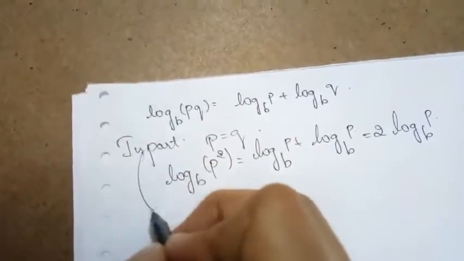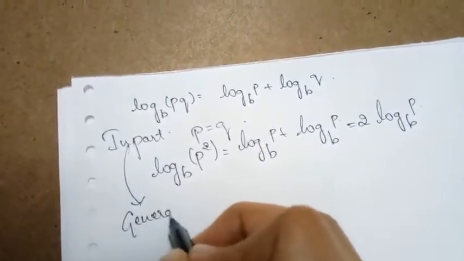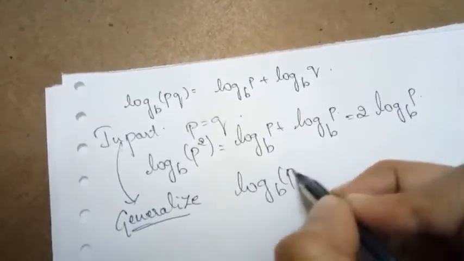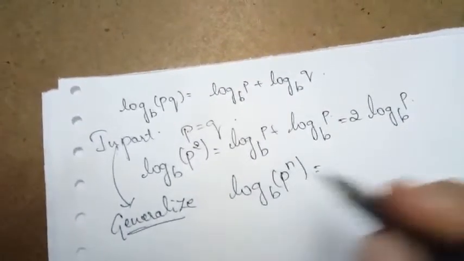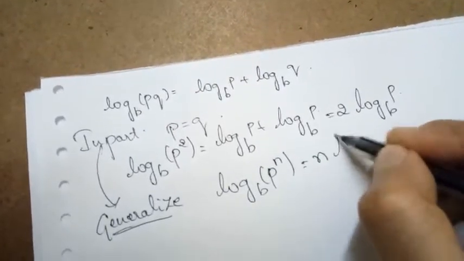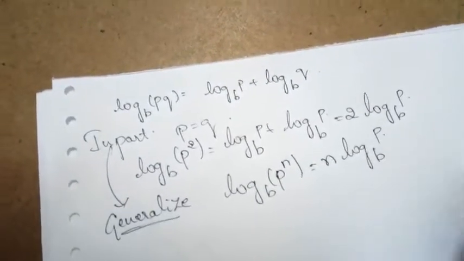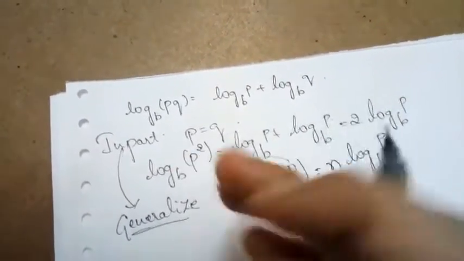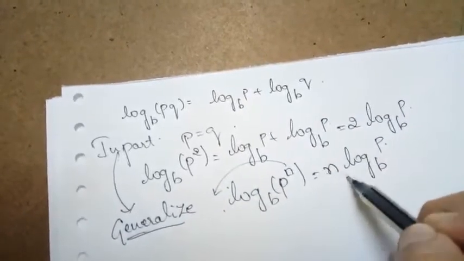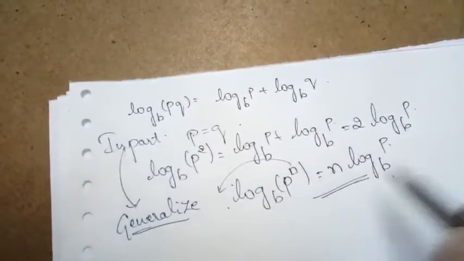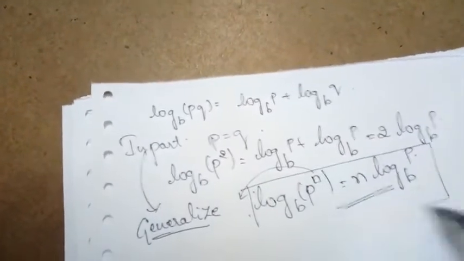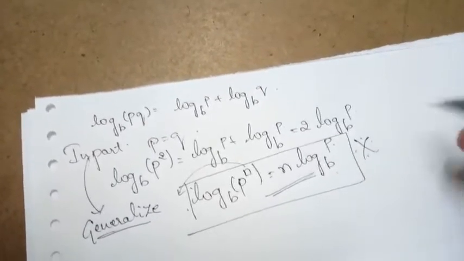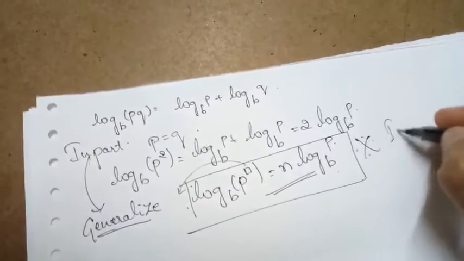Suppose I generalize this: log base b of p to the power n is equal to n into log base b of p. So this power is transferred to the starting part, that is n log base b of p. This is another important property of the logarithmic function. You can see it is often used, especially in the integration chapter.